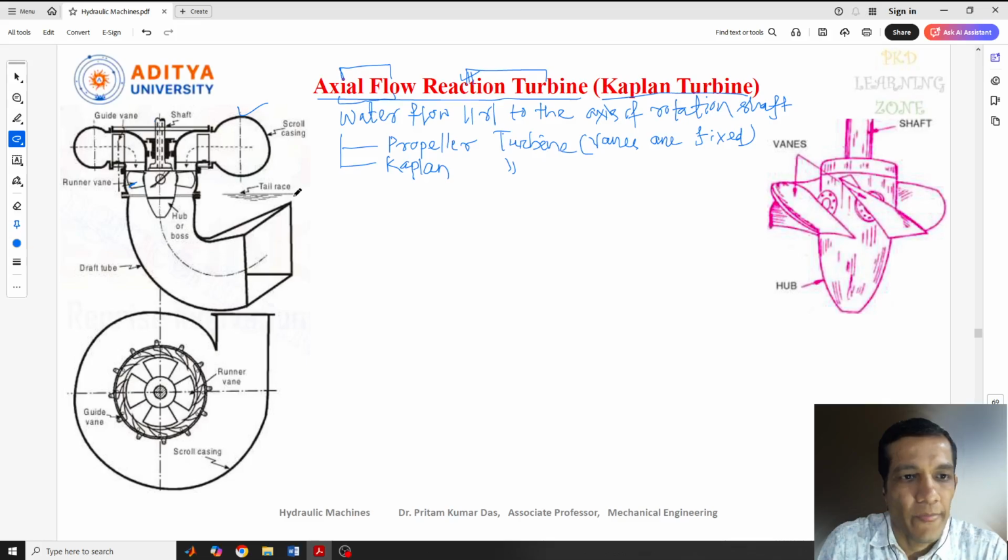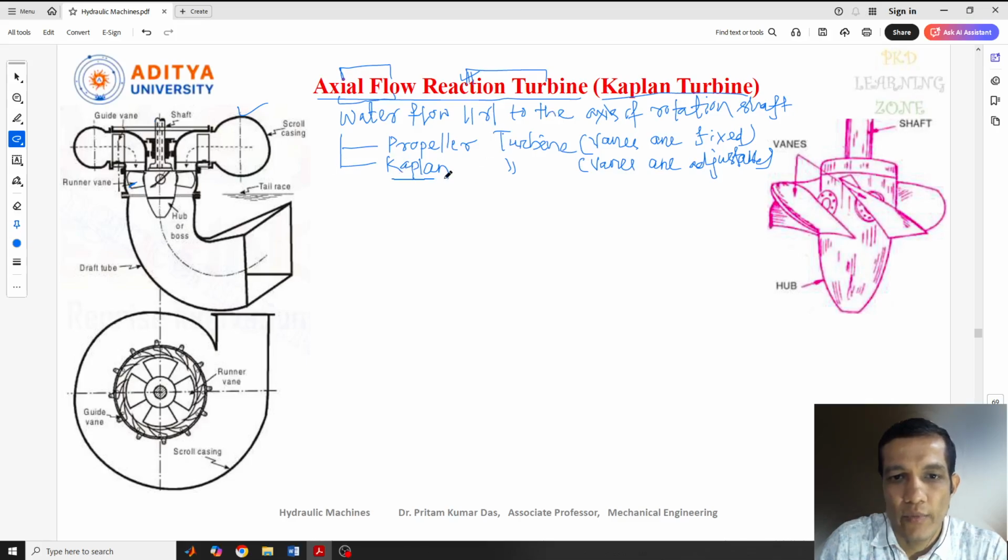But in the Kaplan turbine, the vanes are adjustable. That is the only difference between these two turbines basically. Which vanes am I talking about? The vanes which are attached to the hub or boss. What are this boss and hub? That I'll tell you also. These are the two types of axial flow reaction turbines.